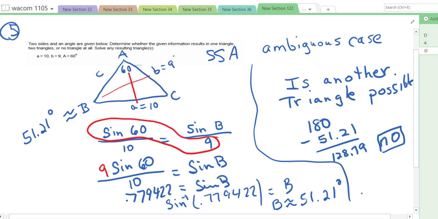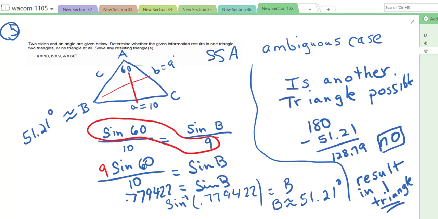So this will result in a single one triangle. So in this particular one, there is only one triangle. You did look at what you needed to, but there was not a second triangle.